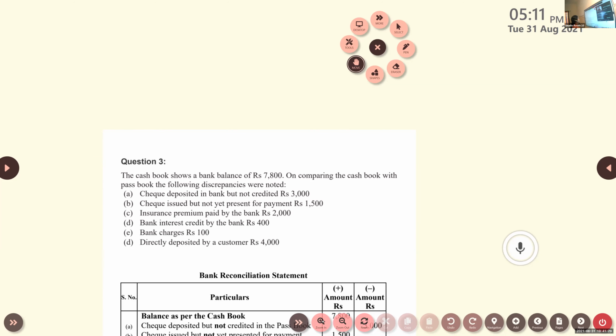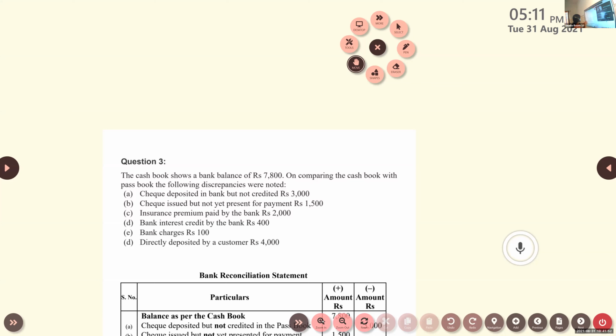What is the balance given to you? 7,800. That is the cash balance. Balance as per the cash book is given to you. Okay. Get ready with both your hands. Passbook on your left hand. Cash book on your right hand.